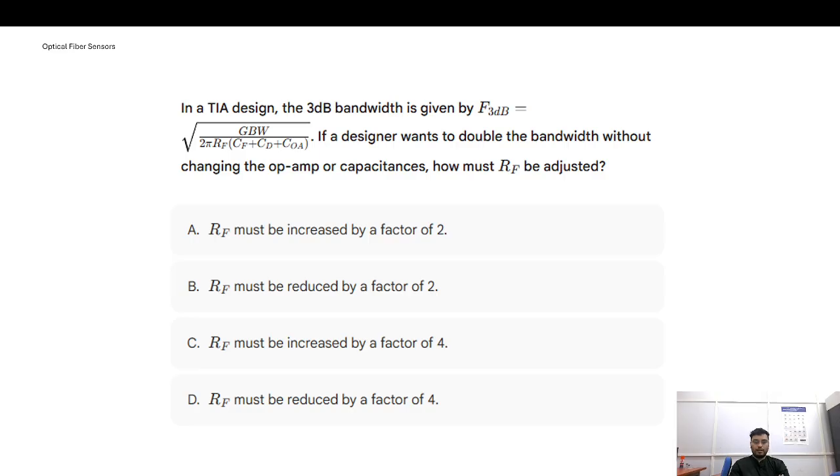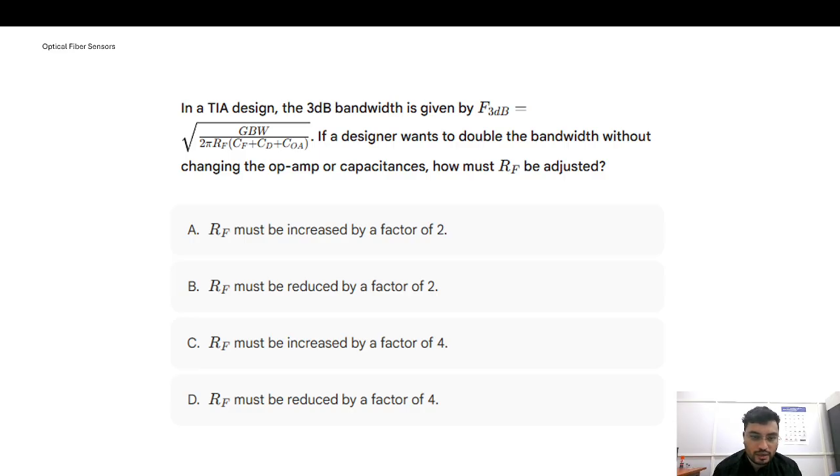Any doubt? Any answer you have? Now, RF is also increased by a factor of? By a factor of? Sorry, sir. Wait. You need to increase the bandwidth.